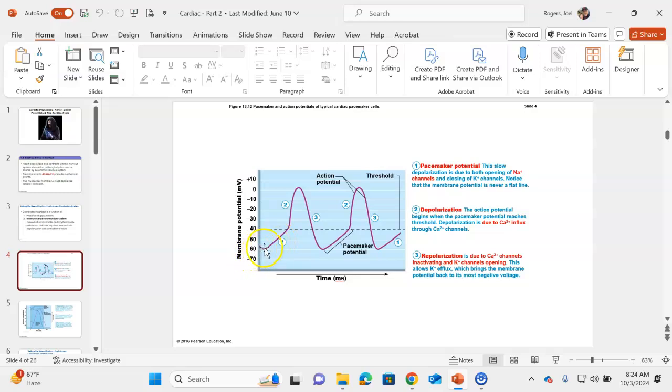So positively charged ions come in and we depolarize to negative 40, and then fairly quickly, phase two, the depolarization phase, is calcium coming in, and then we fairly rapidly repolarize because of potassium leaving. And look at that, it just repeats again. This curve here is one single action potential.